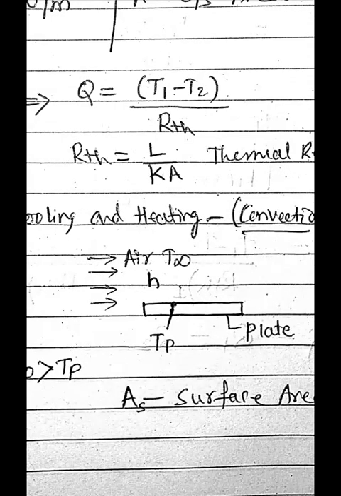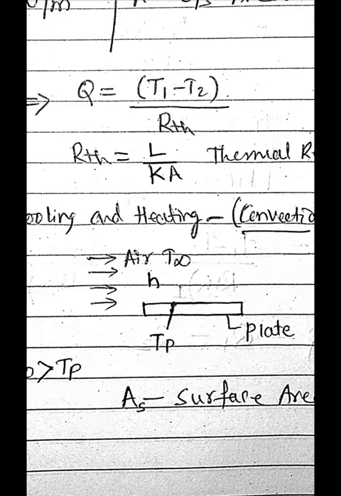The temperature of the air is T infinity, just a notation. In order to transfer heat from plate to air or from air to plate, the H parameter is required, which we call the convective heat transfer coefficient H.